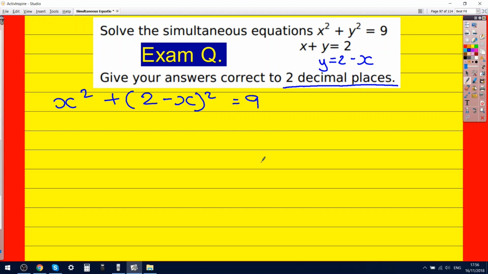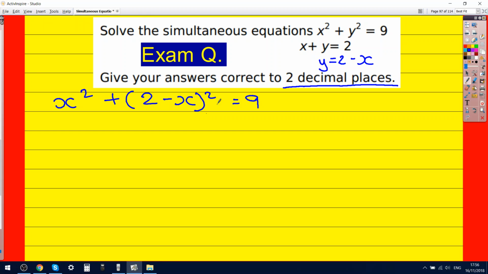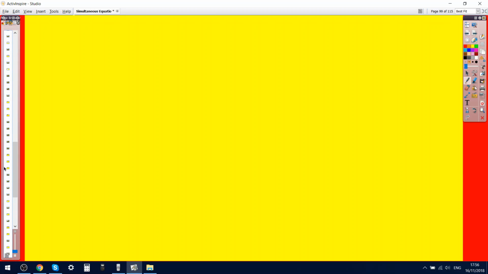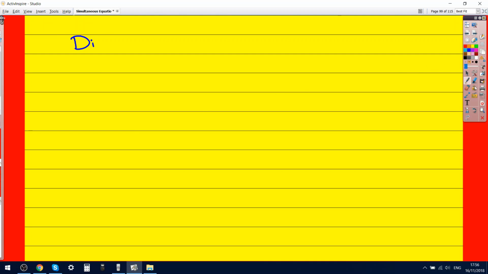Let's see, so we did linear simultaneous equations. So when do you subtract, when do you add the 2 equations? You add when it's opposite symbols. Yes, so different signs, add. And when do you subtract? When the same symbol. Same sign, subtract.